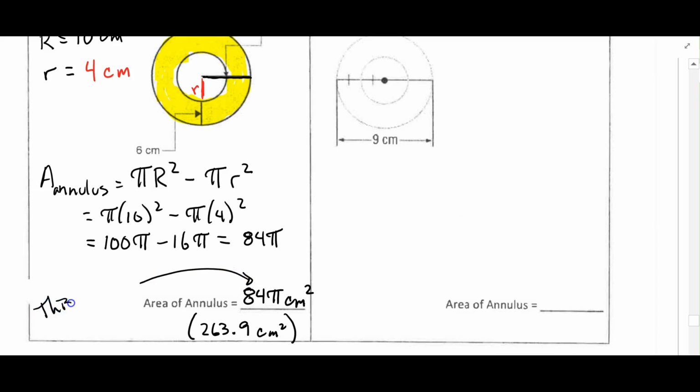This answer is in terms of pi. So this answer doesn't make as much sense to us, but it is an exact answer. This answer in the parentheses is a decimal approximation, but it kind of makes more sense to us.